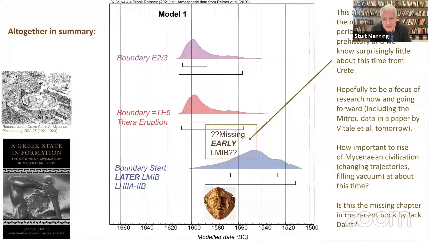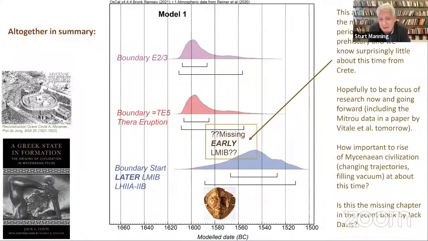So where does this leave us in summary, and what's actually interesting about this? Well, as I've said, arguably the date itself isn't interesting unless it has some historical association. And here I would like to suggest that the most important factor would appear to be that we have a significant piece of missing information as to what happens in this early LM1B period and its contemporaries across the Aegean.